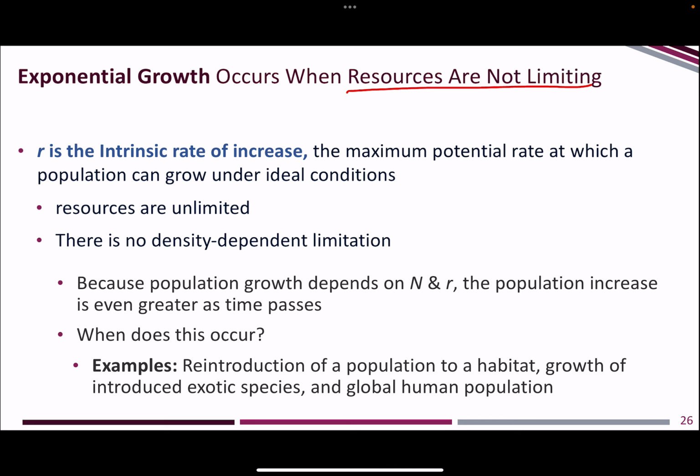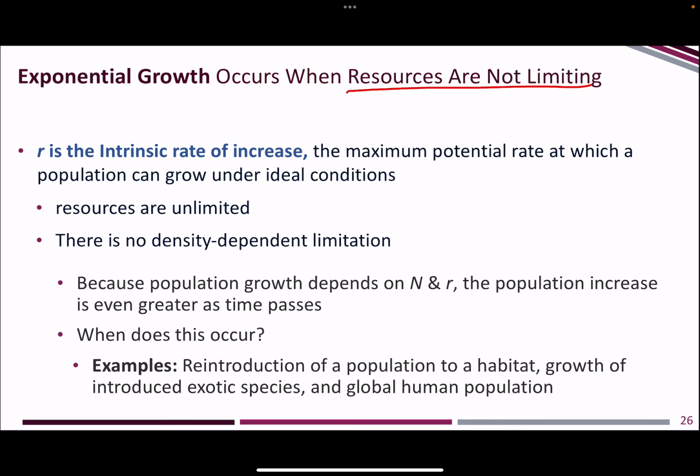Now, in a real population, in a natural population, exponential growth, when populations are not limited by anything in their environment, is actually really rare. And while we do see it, it generally only happens for a short period of time, because in a natural environment, something is going to limit the population's ability to grow eventually.